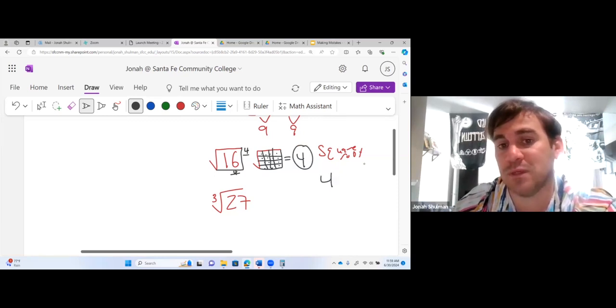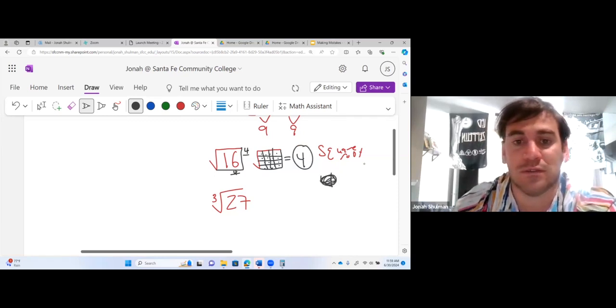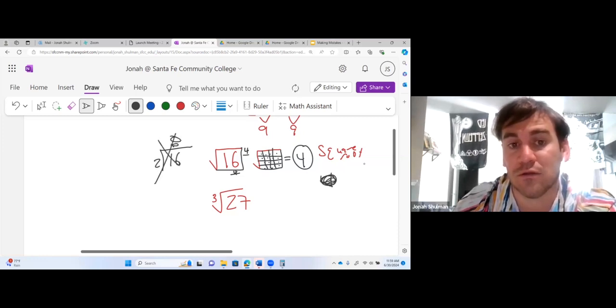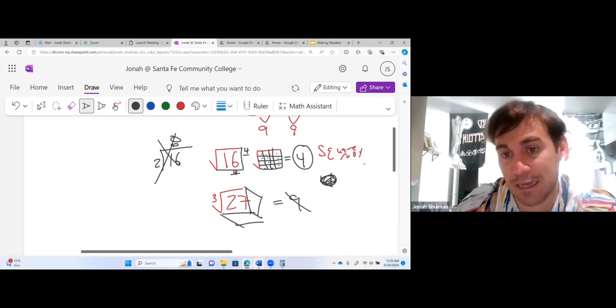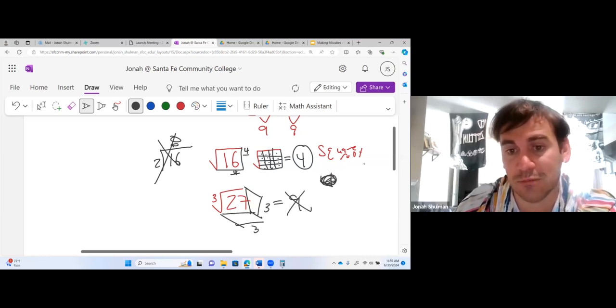The common mistake is people would do 16 divided by 2 and get 8. That is wrong, okay? It's not divided by 2. The same thing, this is a cube. So it's not 27 divided by 3, which is 9. It's 3 by 3 by 3.